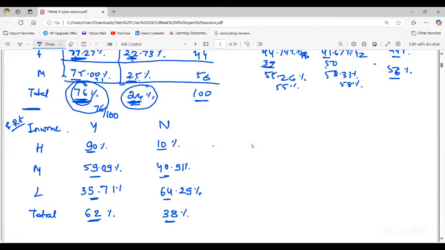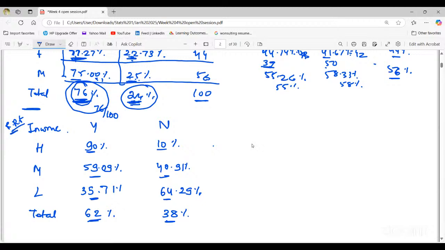Just don't think about it like that. First of all, just calculate the relative frequency. It depends upon you whether you calculate the row relative frequency or the column relative frequency. Here I have calculated the row relative frequency. In general, if you look at the proportions, this is the row relative.